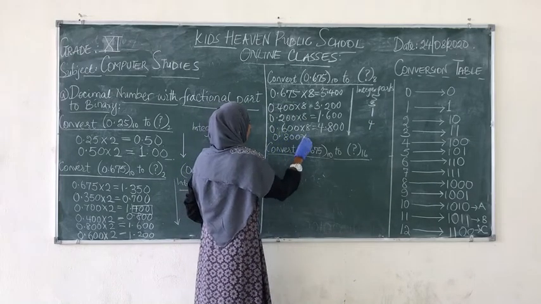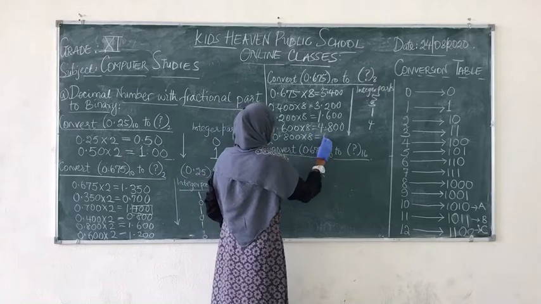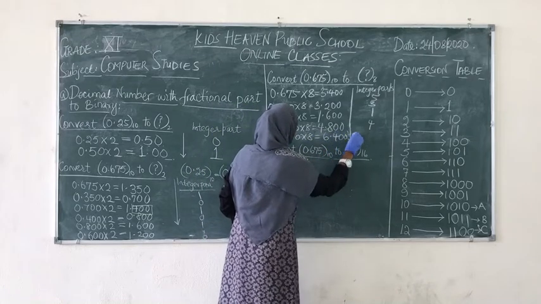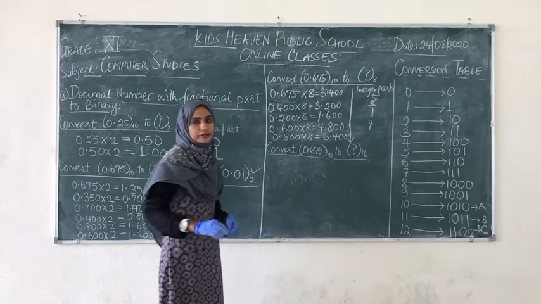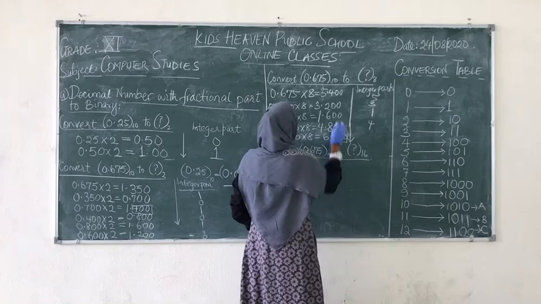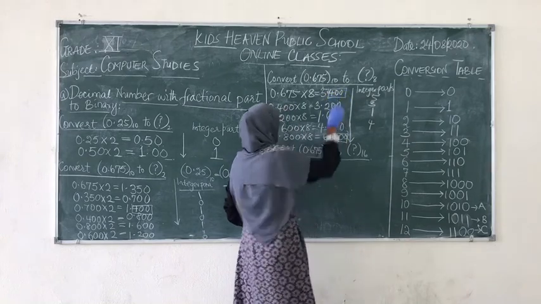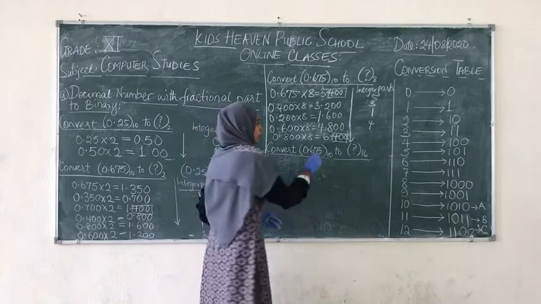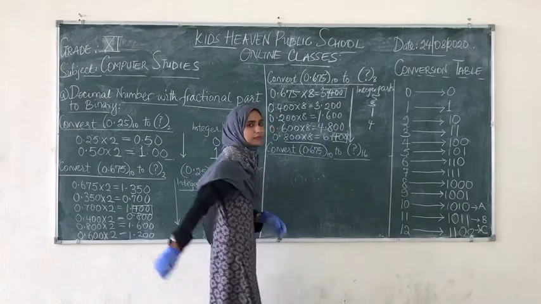0.800 multiplied by 8, which is equal to 6.400. And here we have a repetition. Can you see that? We have a 400 here and we have a 400 here. The fractional part has been repeated, so we can now stop the multiplication.